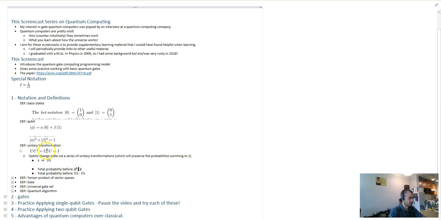I'm not sure how to do this symbol here. It looks kind of like a T. You do the complex conjugate and the transpose there, and then you just multiply those.